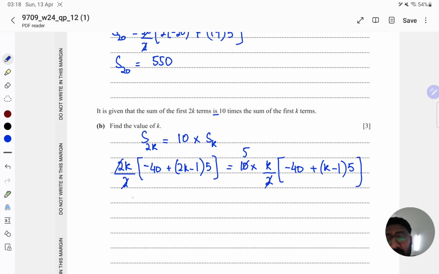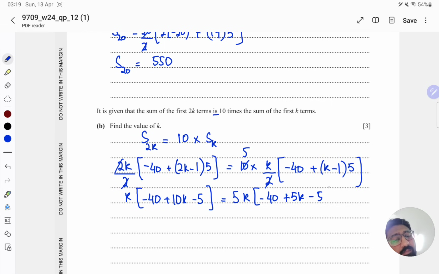Simplification. So k bracket minus 40 plus 10k minus 5 is equal to 5k bracket minus 40 plus 5k minus 5.